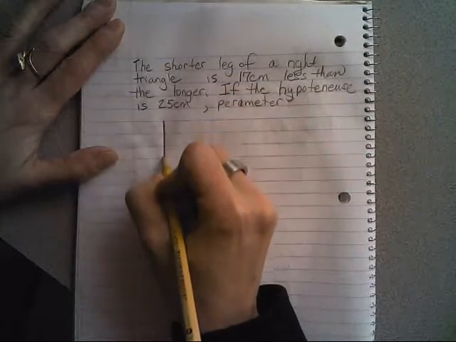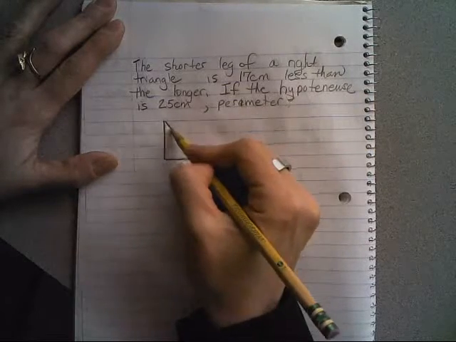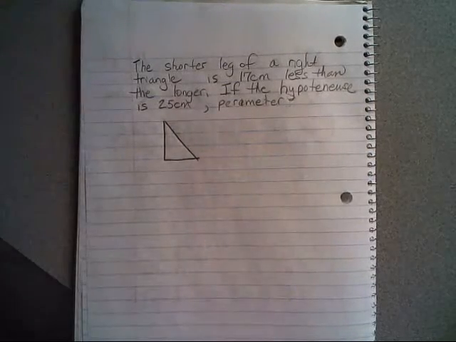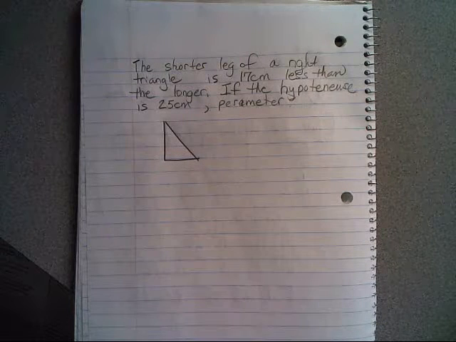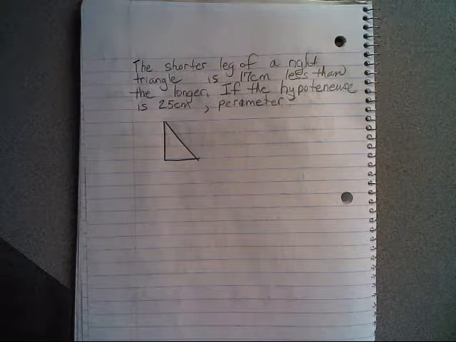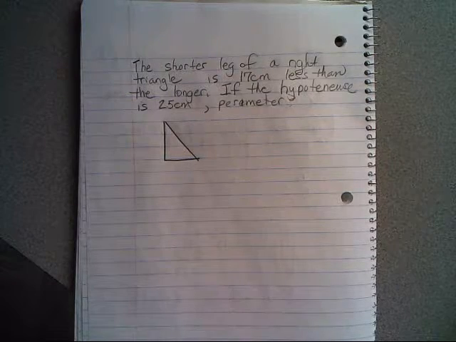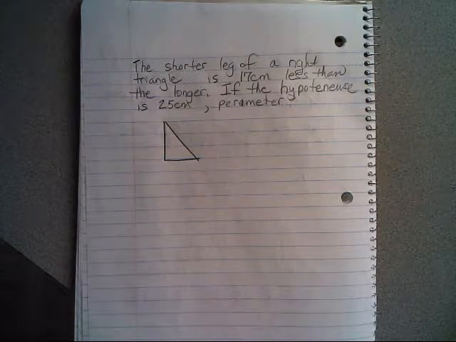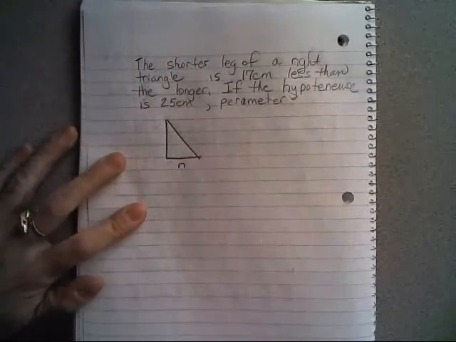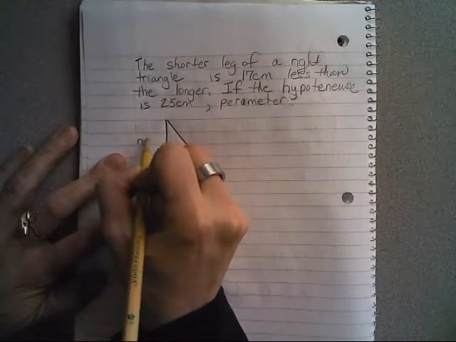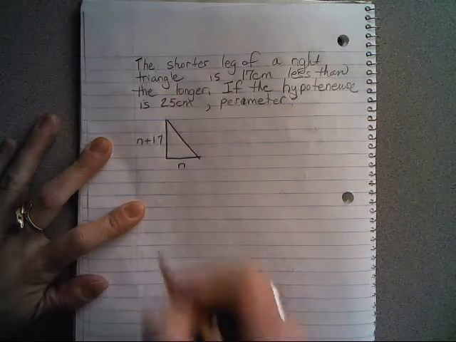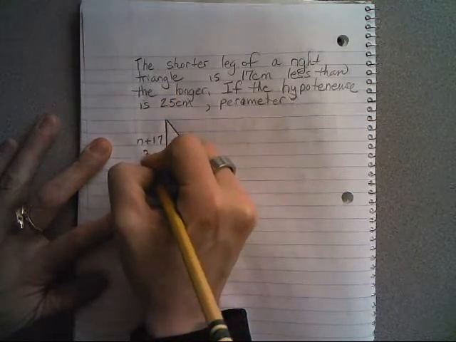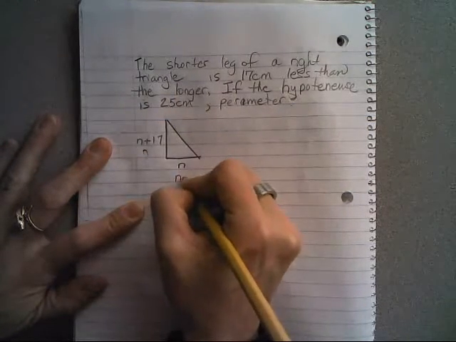Okay, so there's my right triangle. The shorter is 17 centimeters less than the longer. So you can either make this n and this n plus 17, or you can make this n and this n minus 17.